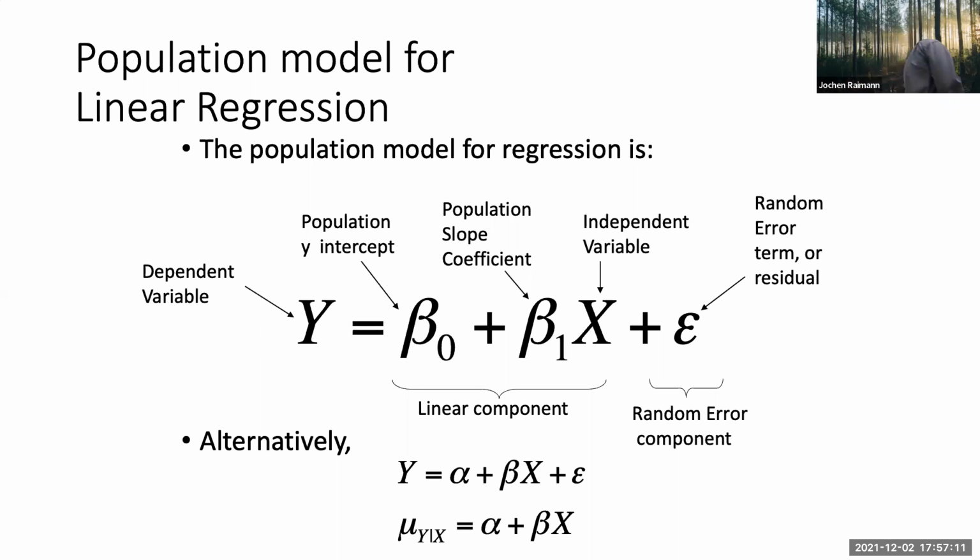It means that we have a y, that's our dependent variable. We have an x, which is the independent variable. We have a beta 0. The beta 0 is our intercept. The definition of an intercept is the value of y when x equals 0.